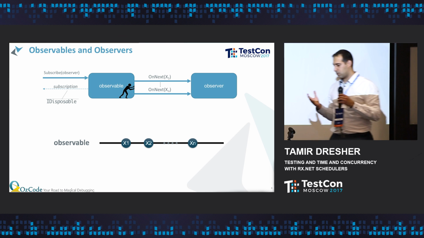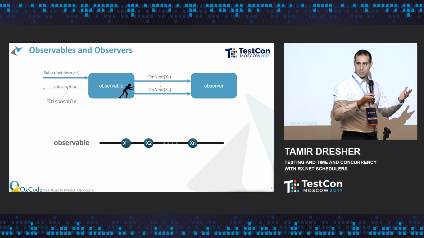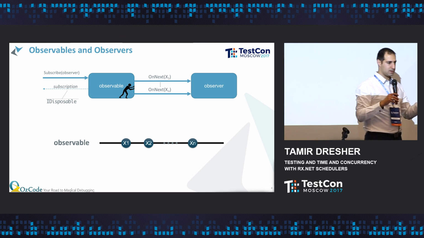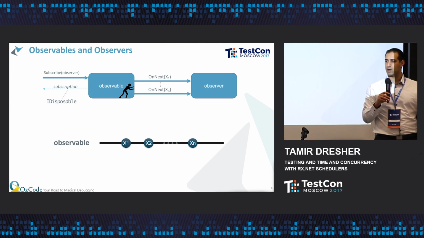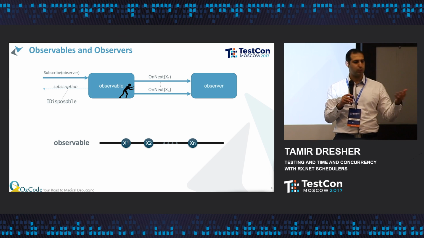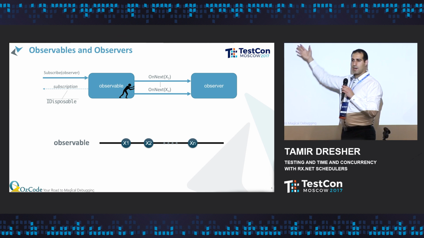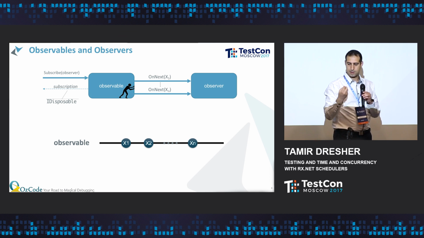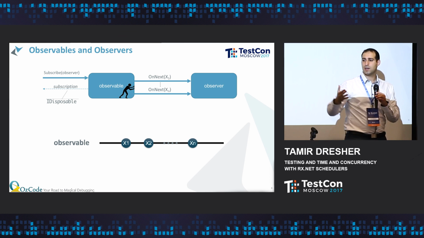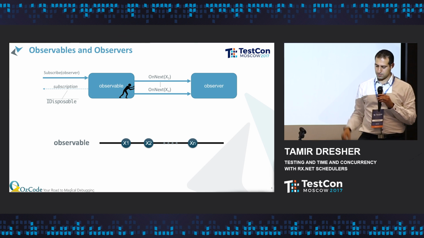This is really, really good for us because it kind of eliminates a lot of resource leaking that we might have in applications that are event-based, that something was attached to an event but never unsubscribed from that event, and then we get resource leaks. Because I have an object which is IDisposable, and I can put this object inside some variable, some member, I can always go and just unsubscribe simply by disposing this object.